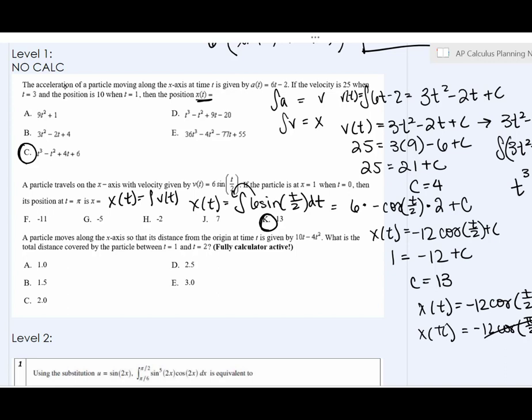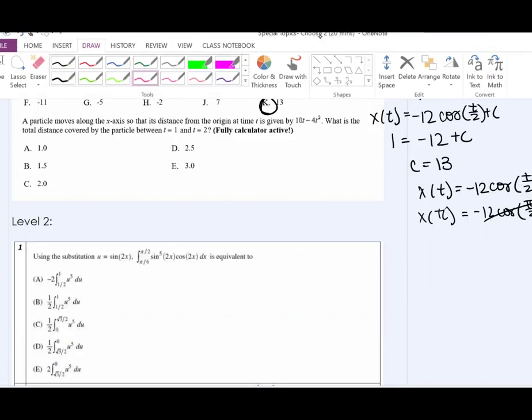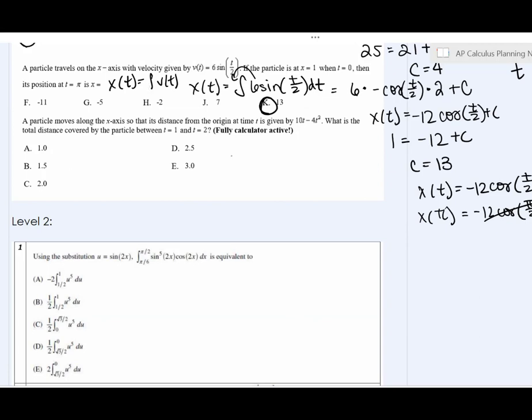Last one here. A particle moves along the x-axis so that its distance from the origin at a time t is given by 10 minus 4t squared. What is the total distance covered by the particle between 1 and 2? So when I get that written out, we know that we're integrating between 1 and 2. This is position, right?